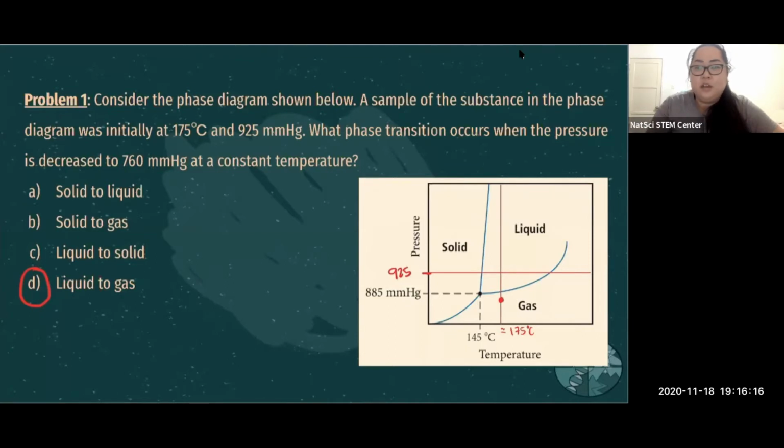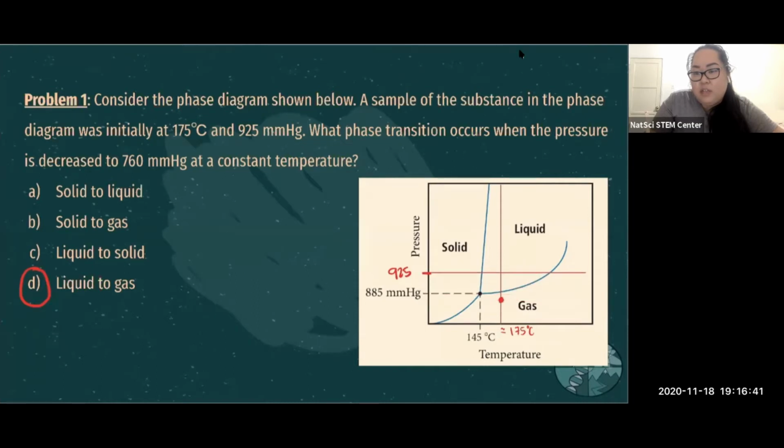That's the constant temperature, but the pressure changed. So I indicated where the pressure was here, approximately 760. If you move this line down, you can see it's going from liquid to gas, right? I think this was the best visual representation, and that's how you get your answer.